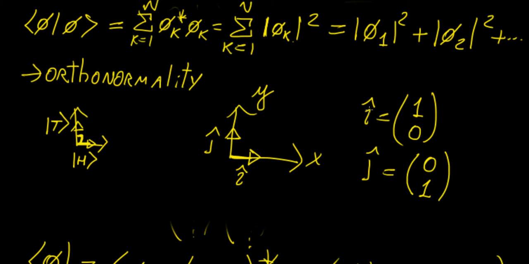For example, the unit vector i has only a magnitude along the x direction, but it has zero magnitude along the y direction. So in essence, these two basis vectors are orthogonal.